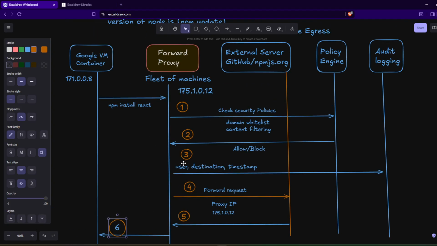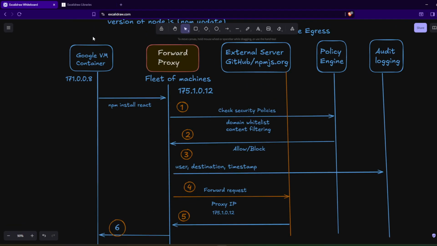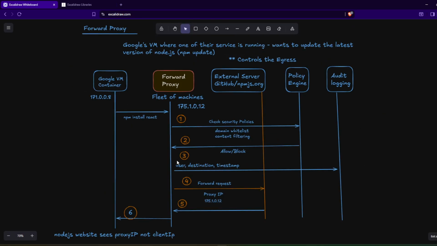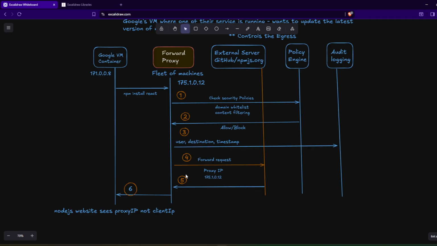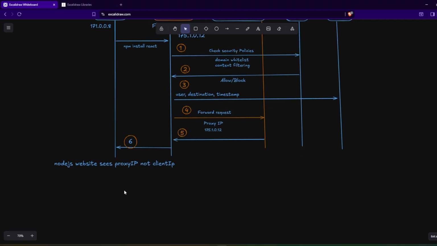Although I took a Google VM example to make you understand this, just be very sure that across all the hosted applications, any application or anything across the corporate network, all of them have a forward proxy in place.